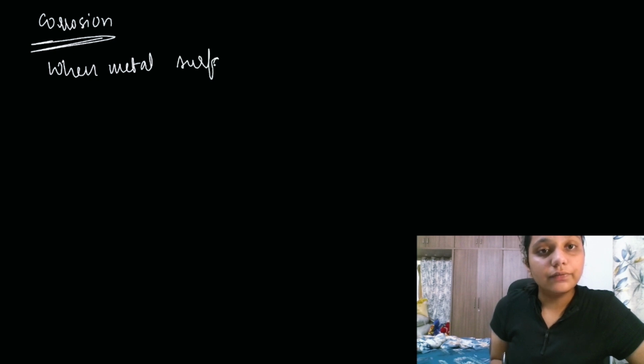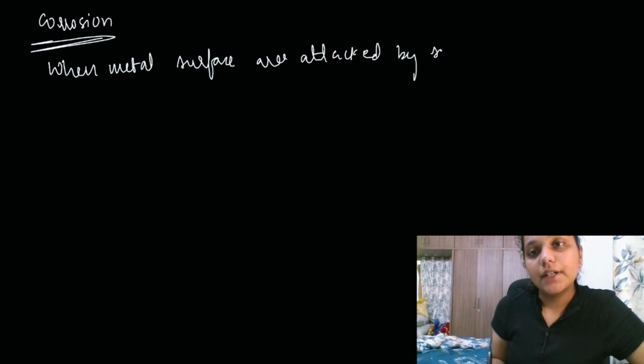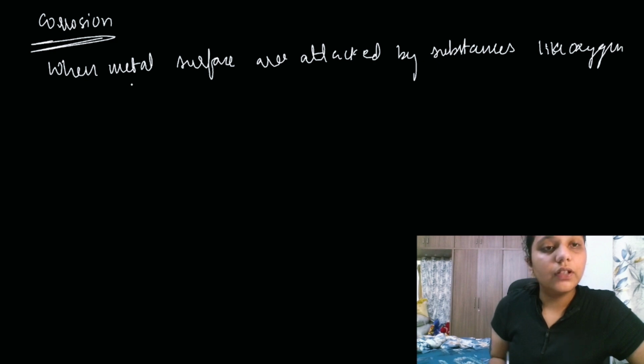So this is one of the important topics, that is corrosion. What is corrosion? Here the definitions are pretty much important. Corrosion is when metal surfaces are attacked by substances like oxygen, moisture or acids.